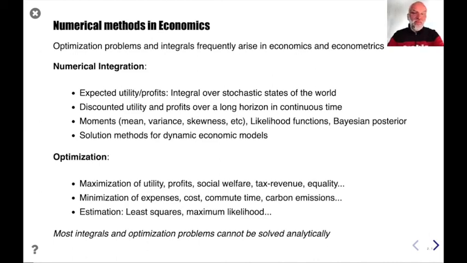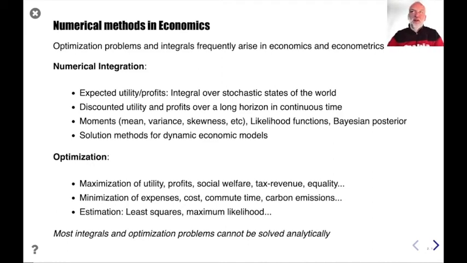And then discount utility and profits over a long time horizon in continuous time. That's another integral. Here you would integrate over time. You can do it in finite horizon or infinite horizon. In finite horizon, if time starts at 0, the limits would be from 0 to capital T where time ends.